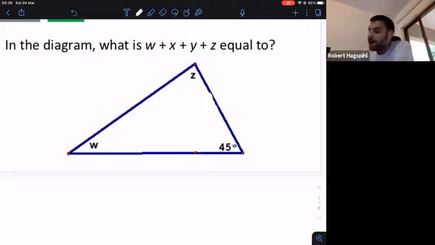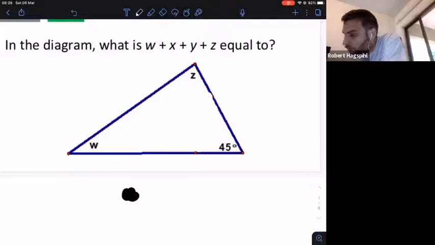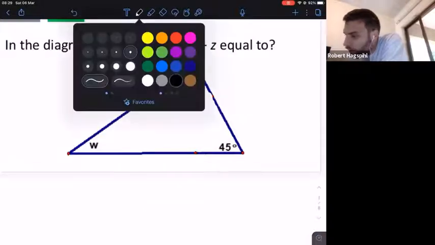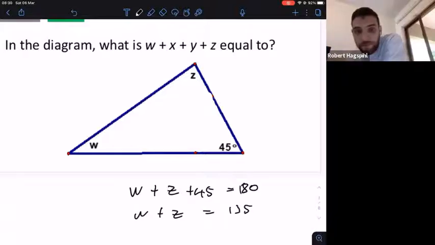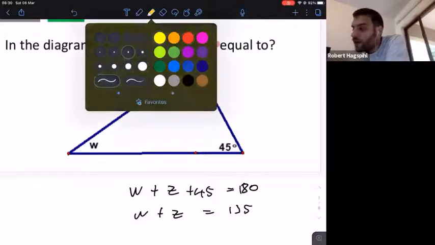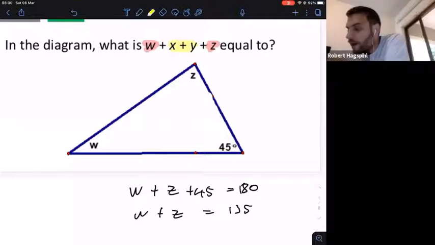Okay. W plus Z, oh, sorry, I lie. W plus Z plus 45 is equal to 180. And so W plus Z is equal to 135. Okay, cool. So I know these two add up to 135. All I need to figure out is what do these two add up to.